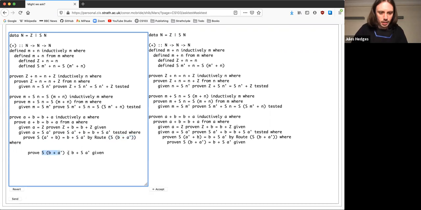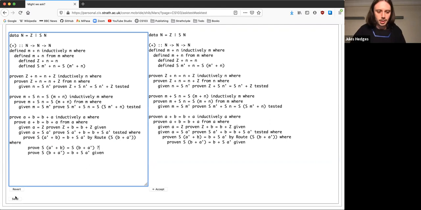So this is the second half where we're proving that this equals the right-hand side. So you would think that the left-hand side sub-goal would be prove s a prime plus b equals s b plus a prime. So prove that the left-hand side equals the thing we're going by root of.